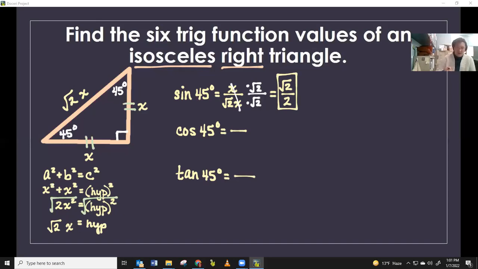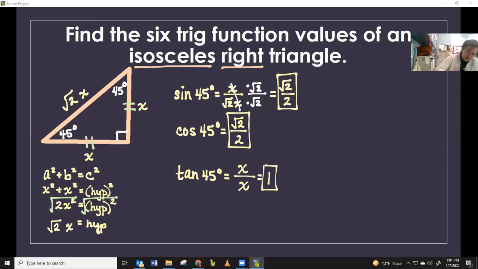Same exact thing as sine. So it's going to simplify to be square root of 2 over 2. What about tangent? What will tangent be? 1, absolutely. Opposite over adjacent, that's going to simplify to just 1.